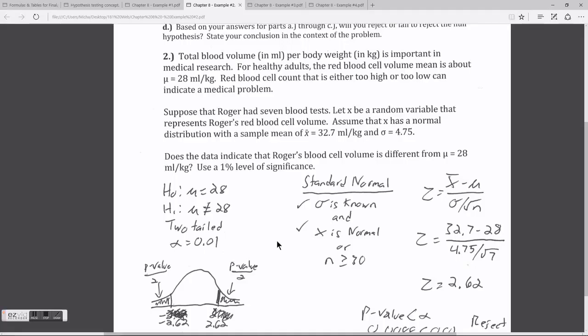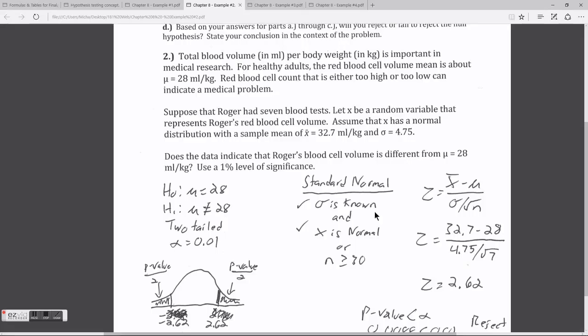To do this test, I'm going to use the standard normal distribution again as my sampling distribution. And the reasoning is that I know what sigma is, and in addition, although my sample size is low, I'm going under the assumption that the variable is normally distributed, which is told to me in the question.